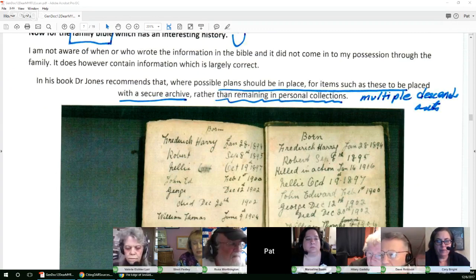Somewhere years ago when I first took a class in genealogy, they said if you go back like 4 generations, your ancestor could have 10,000 descendants, and you're just one. So as much as I love having 3 family Bibles, I need to consider that my children are not going to want them.